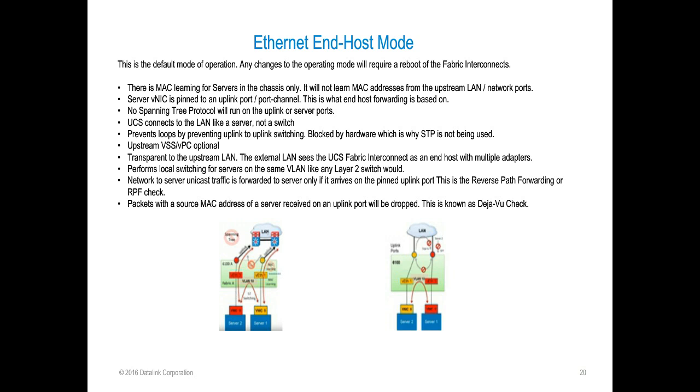And the network to server unicast traffic is forwarded to the server only if it arrives on the pinned uplink port. This is the reverse path forwarding, or RPF, check. So packets with the source MAC address of a server received on an uplink port will be dropped, and that is going to be known as your deja vu check.